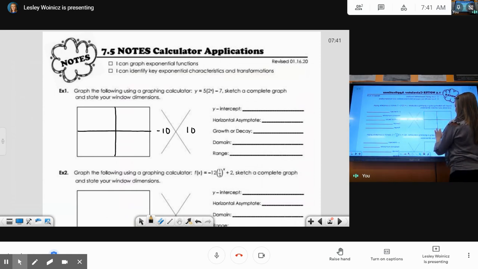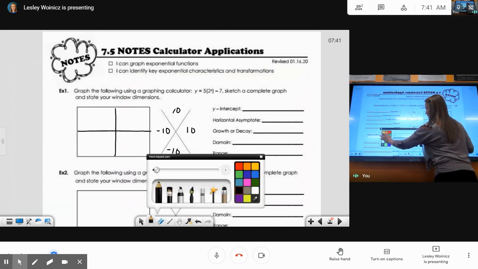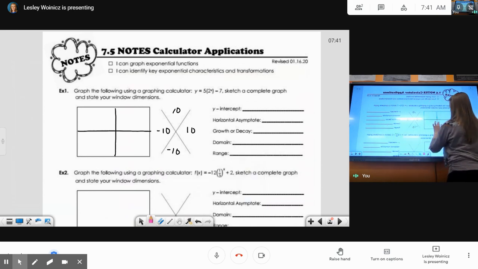And for my y's, I'm also going from -10 to +10. Now my graph was going like this. It crossed at 0, -2, and its horizontal asymptote was down here at y equals -7.